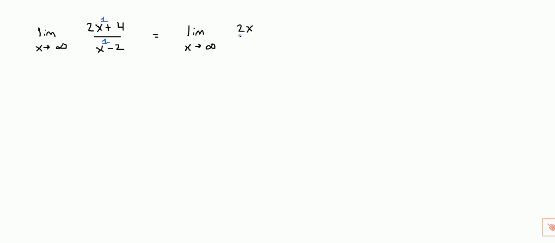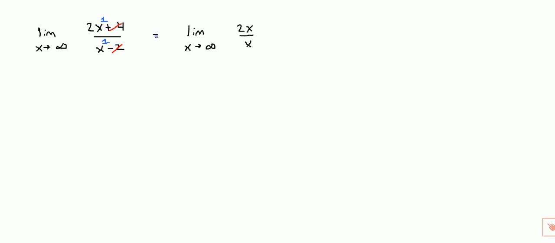Okay, and then on the bottom, we're going to just keep the x, and we're going to get rid of that negative 2. So in your mind, you can think like you're crossing out the terms that are not attached to the highest degree term. I wouldn't cross this out if you had a test or a homework, because your teacher might not accept that as a proper way of writing it.